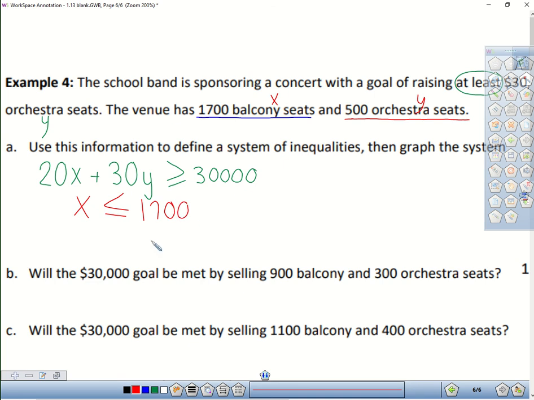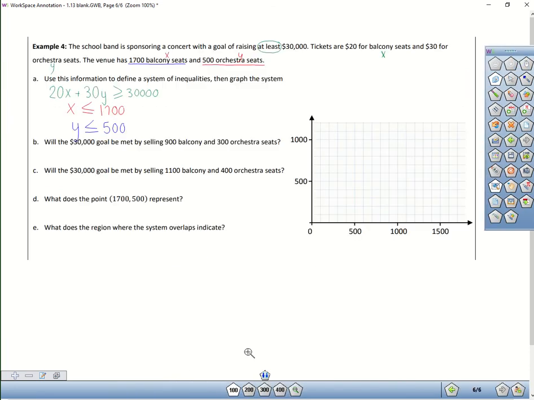Does that make sense? Because I can't sell more seats than I have. And then the number of orchestra seats has to be less than or equal to 500 that I sell, because I can't sell more seats than I have. Okay?